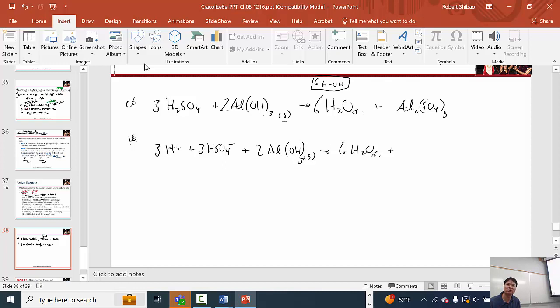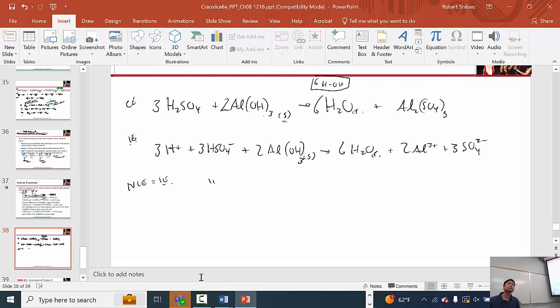What do we break it up into? 2 aluminum, 3 sulfates. What's the charge, the 2 minus? Okay. And then we go to the NIE. In the NIE, what are the spectators? Do we have any? No spectators. So the NIE is the same thing as the IE.